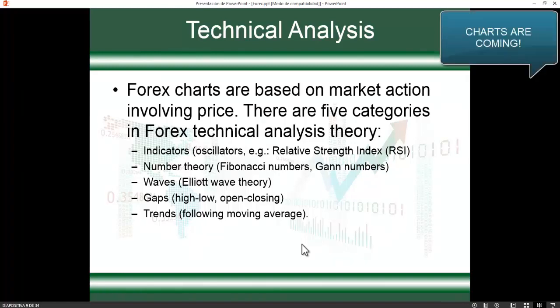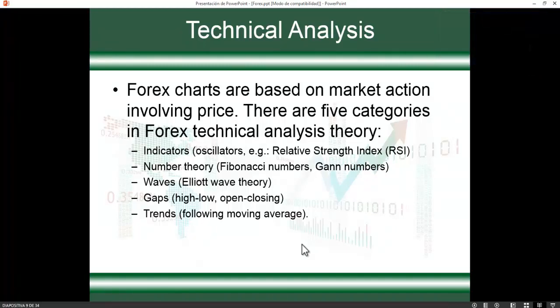They don't care about political factors and all that. The second one is price moves in trends. So technical analysts use their tools to identify patterns and market behavior within these trends, and place their trades in between.